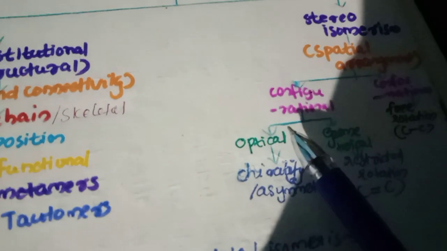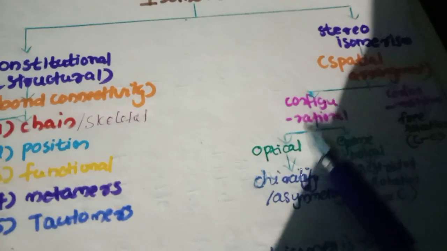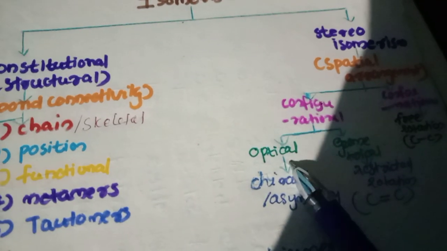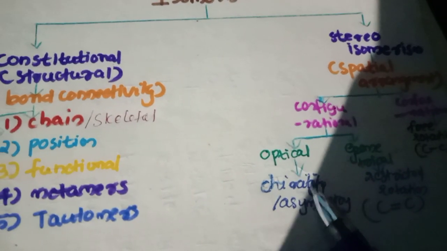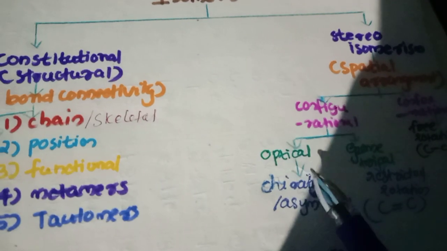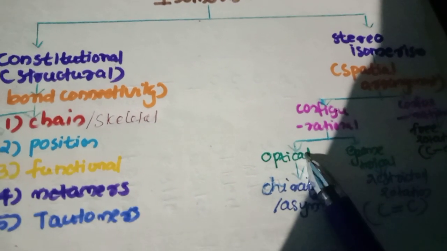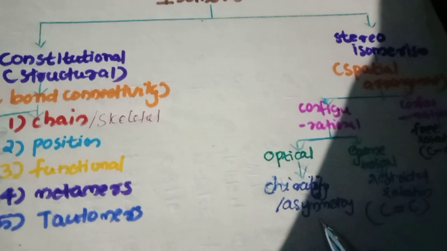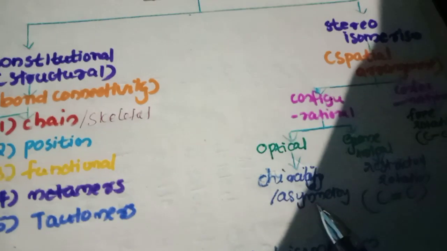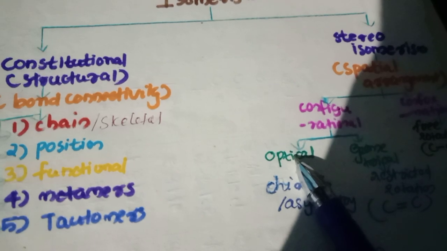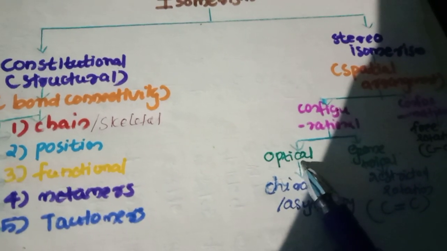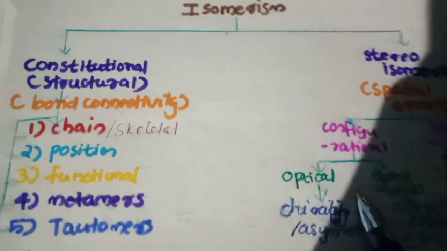Okay, coming to configurational isomerism, the first one is optical isomerism, which arises due to the asymmetry of atoms or chirality of atoms. Next one is geometrical isomers.